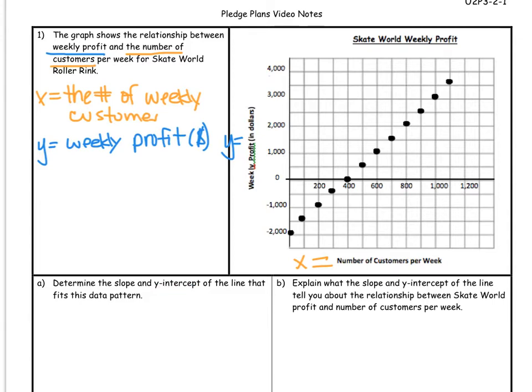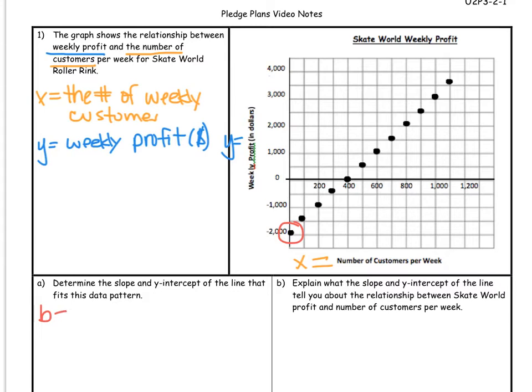Well, let's do the y-intercept first. So the y-intercept is where the line crosses the y-axis. Well, here's our y-axis right here. So where does this line cross the y-axis? It crosses the y-axis right here at negative 2,000.